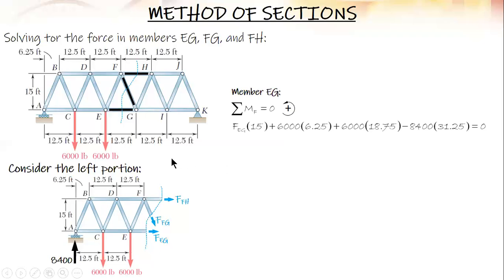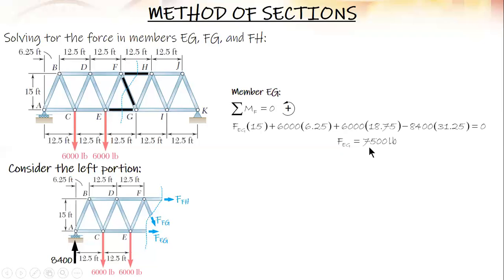It's very simple. It's just force times distance. Just make sure that the perpendicular distance is correct. Like for 8,4, the perpendicular distance to point F or joint F is this. 12.5 times 2 plus 6.25, and that's 31.25. So after this, simplify.